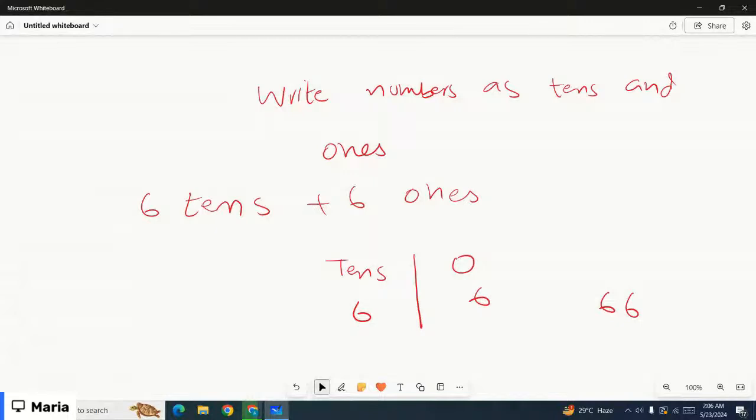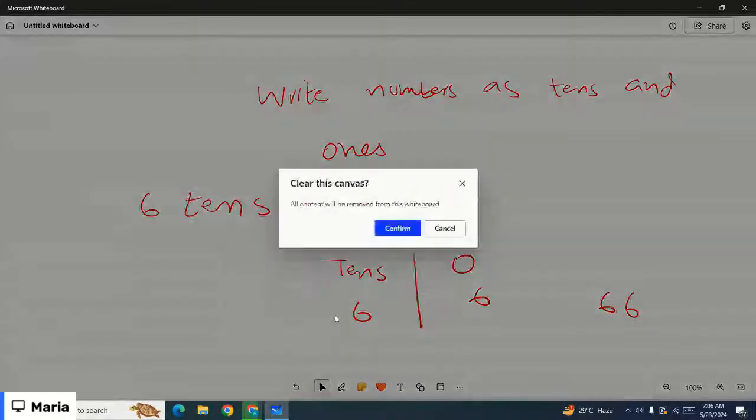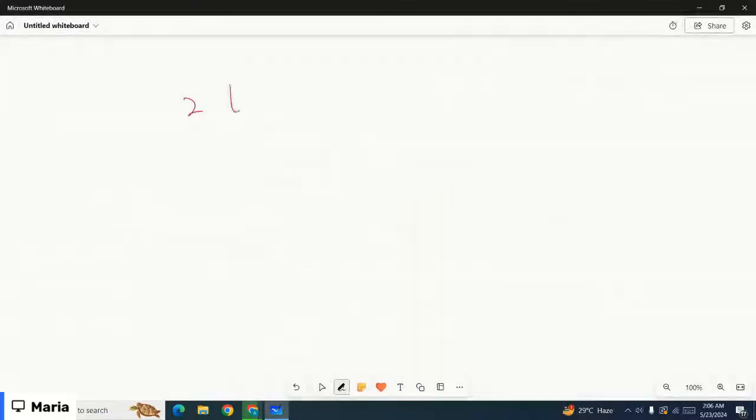Okay, the next one is two tens and 7 ones. Which number do they make? The rightmost digit is always the digit at the ones position. So you have 7 here, and then you have the tens digit, two.